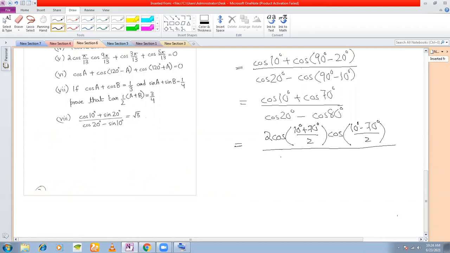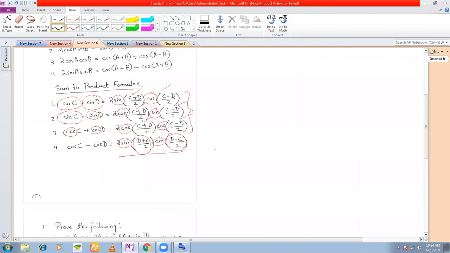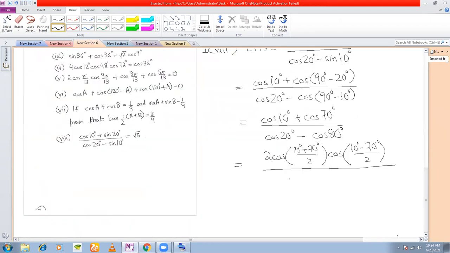Denominator cos minus cos. Here we come. Remember this strange formula, different from all others? Cos minus cos is 2 sin (D plus C)/2 sin (D minus C)/2. D is 80 degree. C is 20 degree.